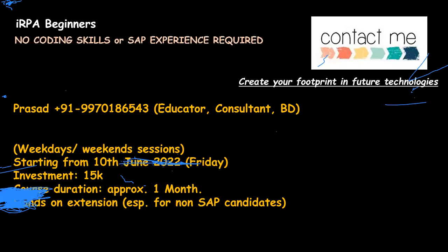Yes. If you are working with SAP iRPA and connecting to another SAP system, you don't need that. But if you are working in UiPath, let's say, and you want to access the SAP system, then you have to pay SAP to get the data or to store the data.